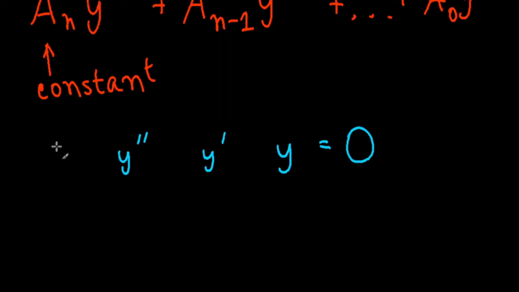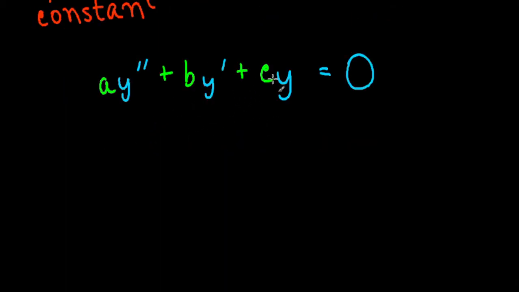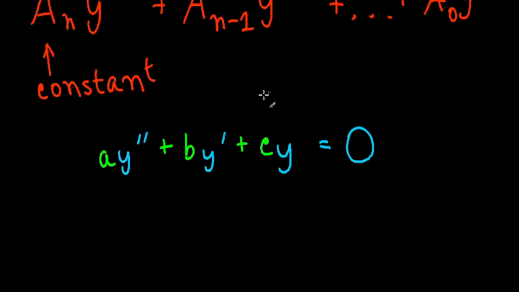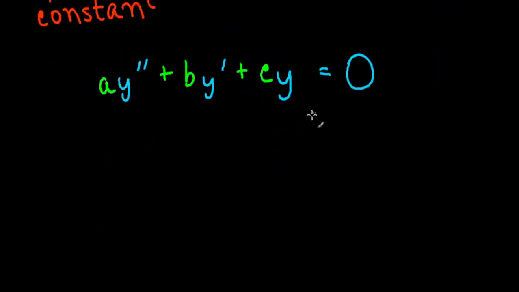I'll call the one for y double prime a, for y prime I'll call it b, and for y, I'll call it c. You might be able to guess that the reason I'm calling these that, other than them just being the first letters of the alphabet, is to match the quadratic formula. You'll see more of the relevance of that in a bit.